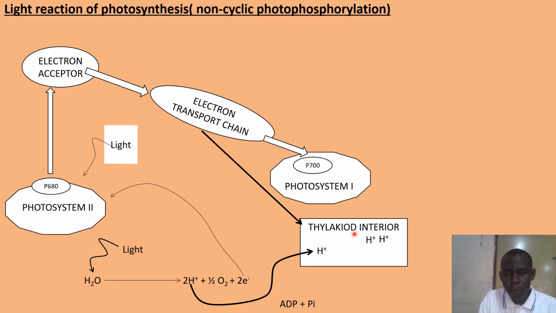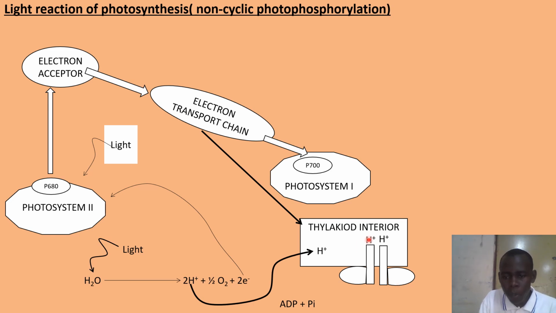When these protons accumulate, they create an electrochemical gradient, because we have more protons inside and fewer on the outside of the thylakoids. The thylakoid membrane is impermeable to hydrogen ions, so for them to diffuse out, they pass through special proteins associated with the ATP synthase enzyme.